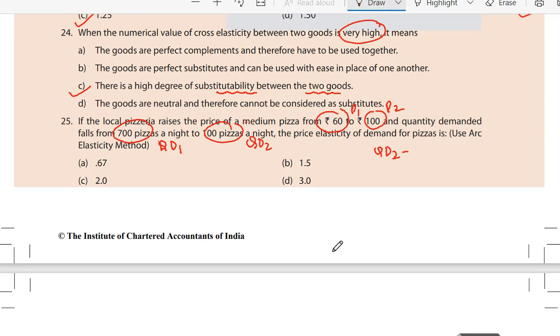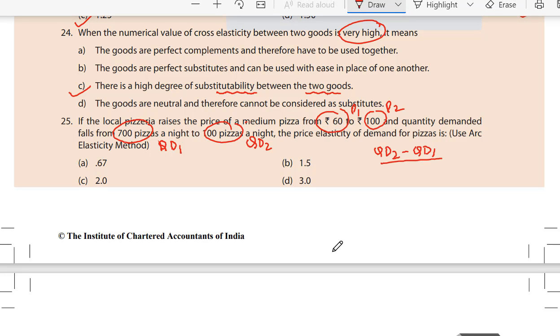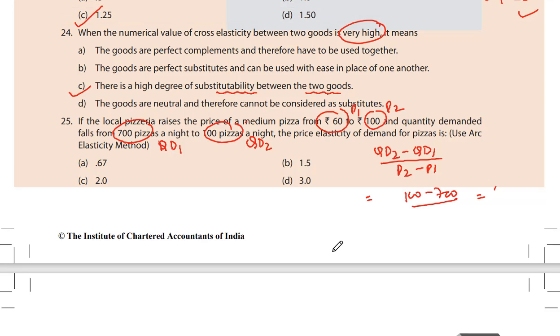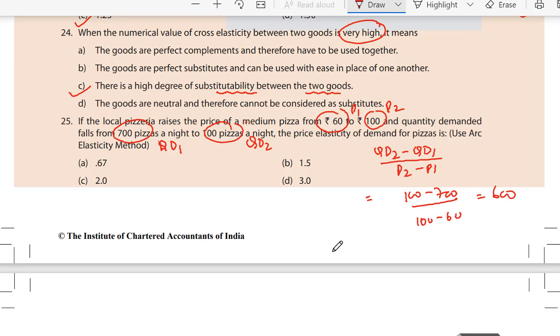So quantity demanded 2 minus quantity demanded 1 divided by price of 2 minus price of 1. So quantity demanded 2 is 100 minus 700, this is 600, and over here it would be 100 minus 60 equals 40. So 600 divided by 40.